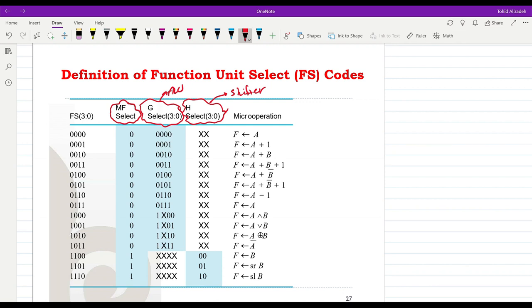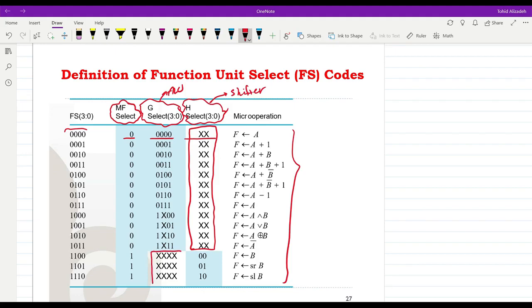We are going to use 4 bits for it, starting from 0000, going up to 1111. We have this set of micro operations to be performed. And for each code, we have a corresponding code for MF, for G, and for H. Obviously, for the ALU operations, the values that we have for H will be don't care, and on the other hand, for the shifting operations, the values that we have for G select will be don't cares.